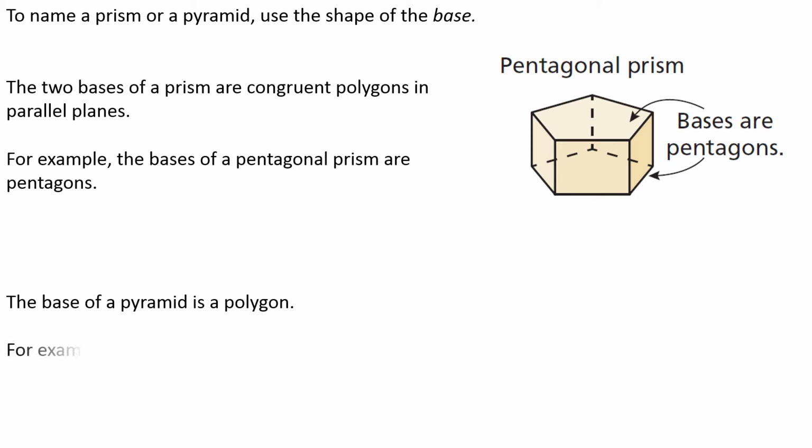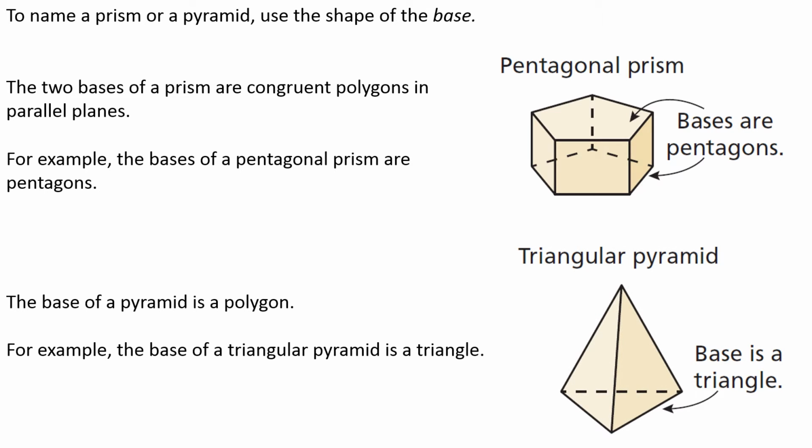And then, of course, in the case of a pyramid, there's only one base. All right, so prism, you think about the top and the bottom as bases, they gotta be parallel to each other. Pyramid, only one base, goes up to a point.